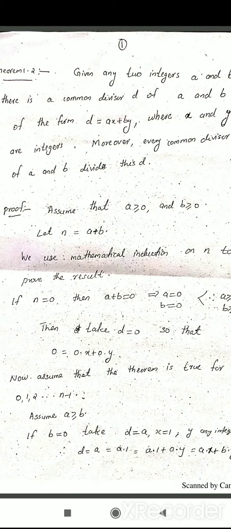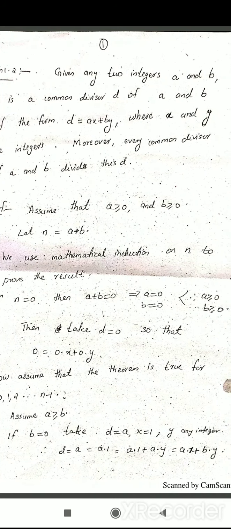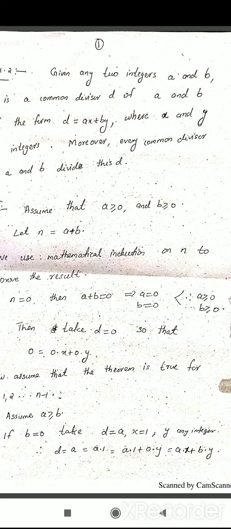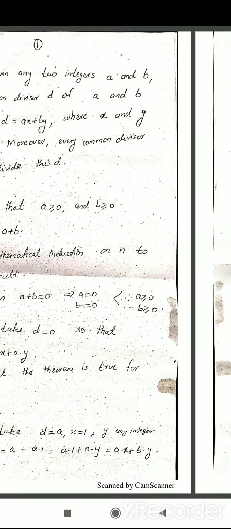Then, we get d equal to a into 1 plus 0 into y, that is a into x plus b into y. Here x is 1 and y is an arbitrary integer. So, if b equal to 0, the result is true.